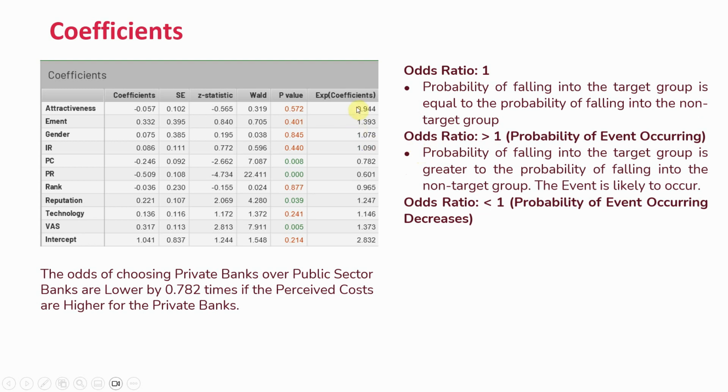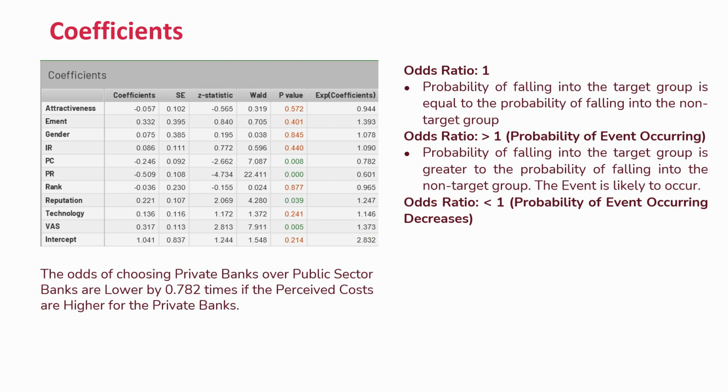Now, what if this odds ratio is greater than 1, as is this, or this, but these are insignificant. What about this? This is significant. So when the odds ratio is greater than 1, that is probability of event occurring.